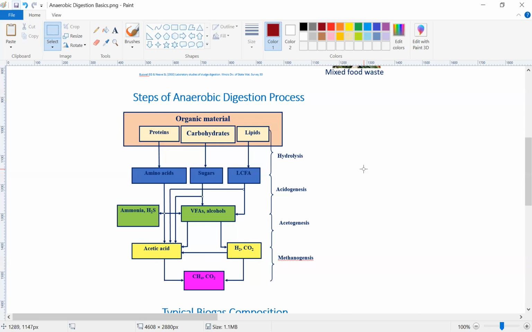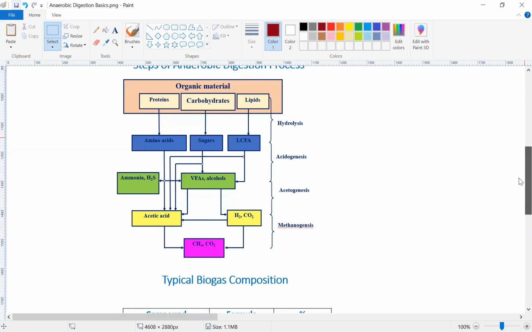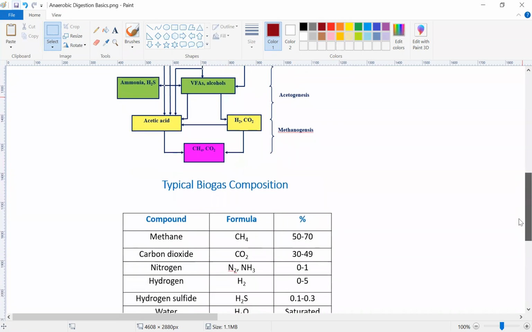The bacteria are working, enzymes are working, and they produce this biogas and also the intermediates. These intermediates can be extracted as chemicals like volatile fatty acids or alcohol. But if our interest is only in biogas, you can just keep the intermediates inside the reactor until converted to biogas.